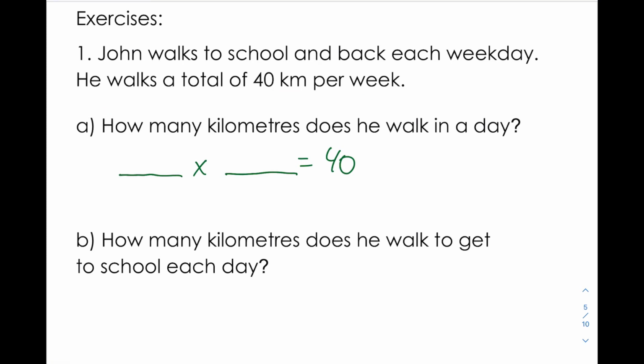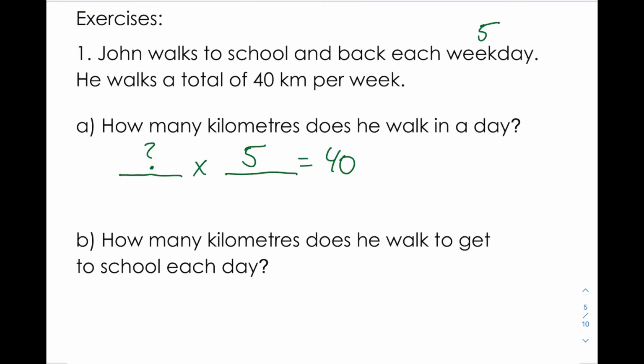He walks a total of 40 kilometers per week. How many weekdays are there? That's the question. They haven't given us that number, but we should know that there is Monday, Tuesday, Wednesday, Thursday, Friday. That makes for 5 weekdays, right? We want to know how many he walks each day, so there is our missing number.